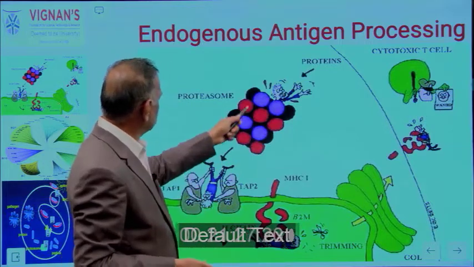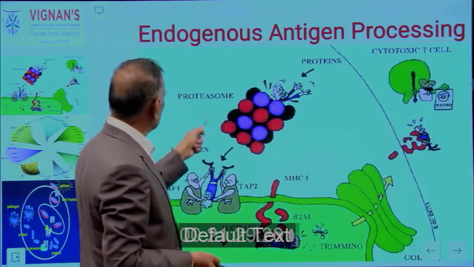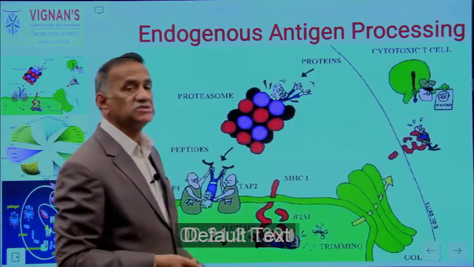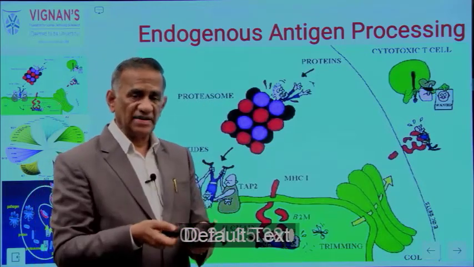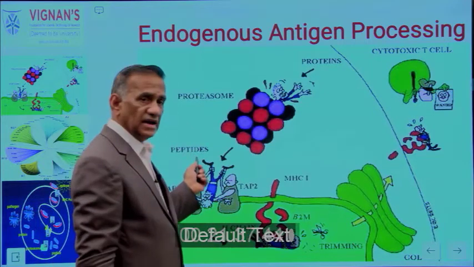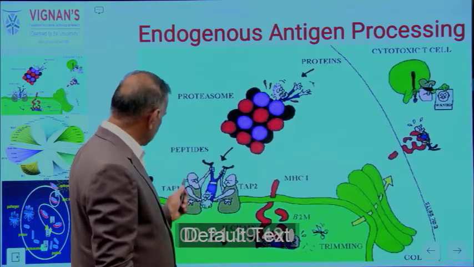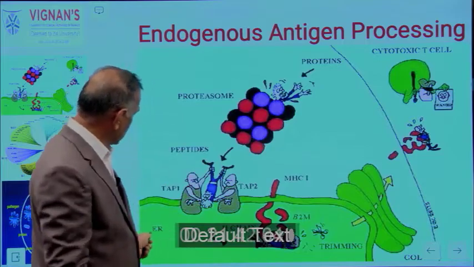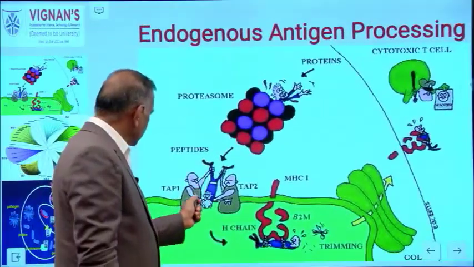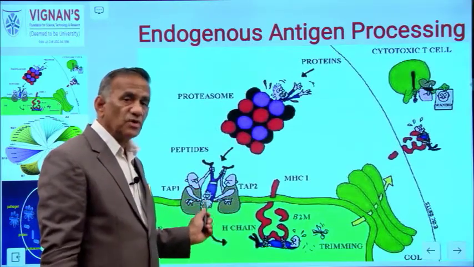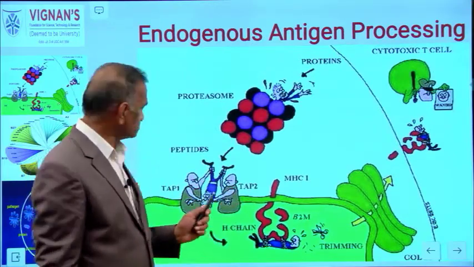Okay, so once the protein is taken, it undergoes digestion in the proteasome. The proteasome is a mill wherein the protein is cleaved, digested. As a result, peptides are released, and these peptides go to the endoplasmic reticulum. Okay, in the endoplasmic reticulum, they go through TAP1, TAP2, transporter associated with antigen processing.